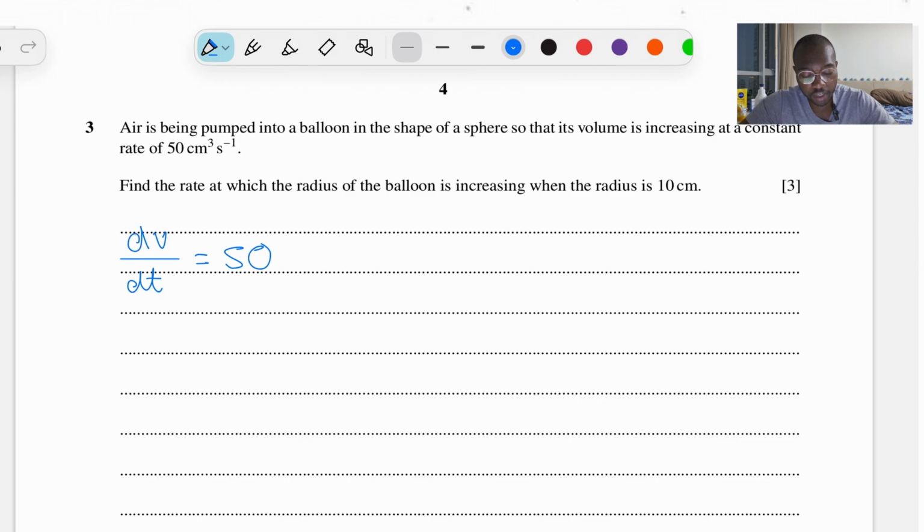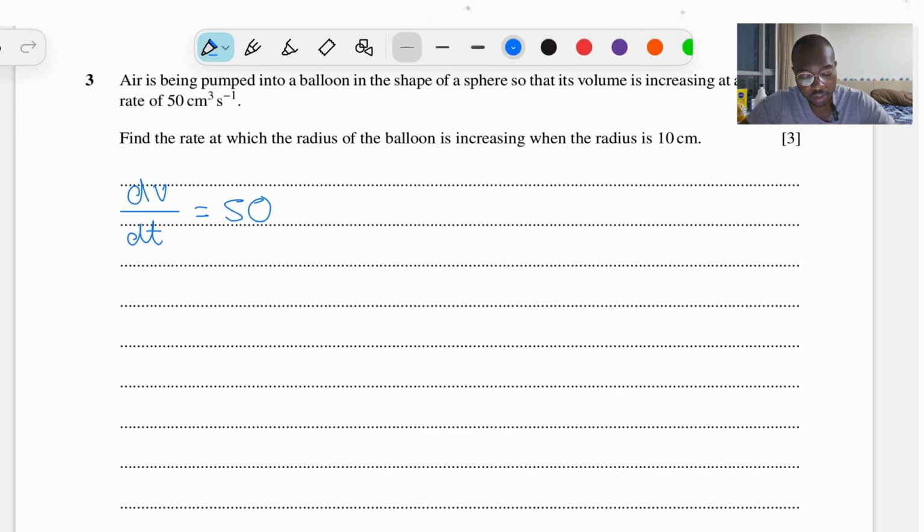And then it wants us to find the rate at which the radius of the balloon is increasing when the radius is 10. So note the radius is 10, and what do we want to find out? Well, if we want to find the rate at which the radius increases, that probably means we need to find out what dr over dt is, okay? Now, how can we find out what dr over dt is?